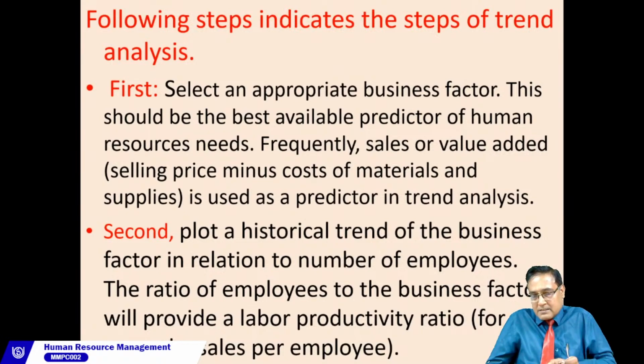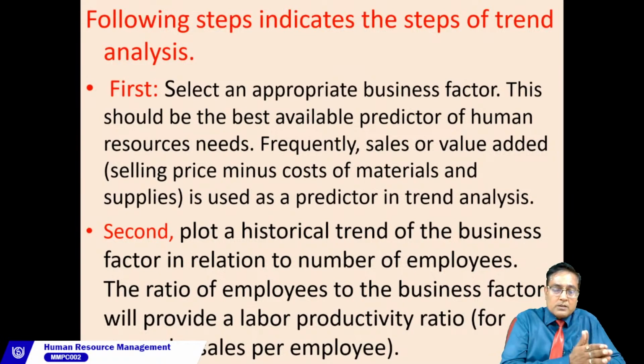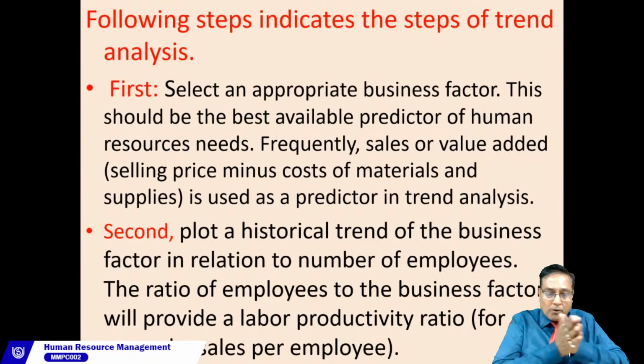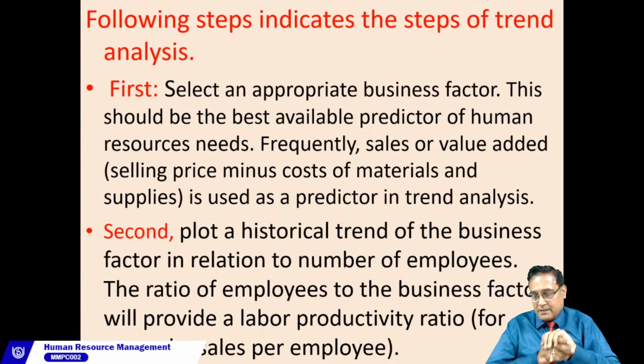What are the sales, how many employees are there, and what is the sale? Then we can calculate the ratio per person: what is the contribution of the employees to increasing the sale, and what are the sales in the market. It is also the ratio of how many employees are required to fulfill this specific sale in the market.